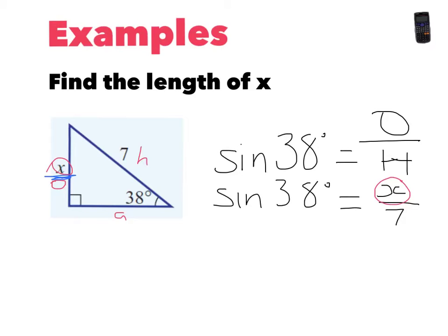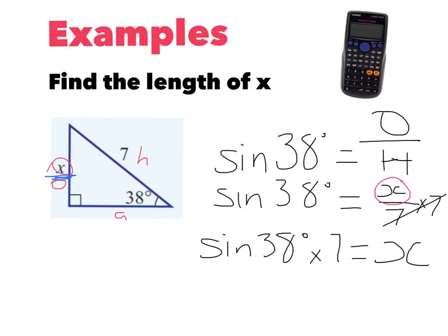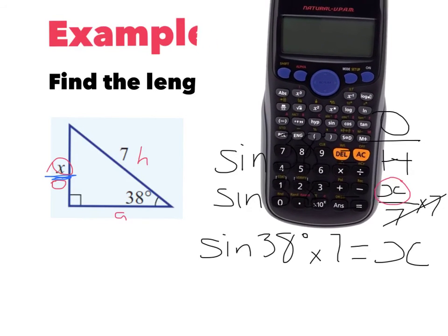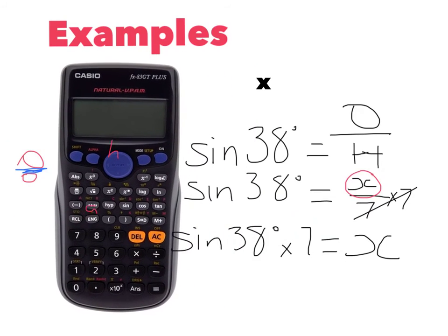So sine 38 degrees multiplied by 7 equals x divided by 7 multiplied by 7, which cancels out, so that becomes x. Some of you might think you don't know what the sine of 38 degrees is, but it's not an unknown. I'm going to show you how to do it with your calculator.